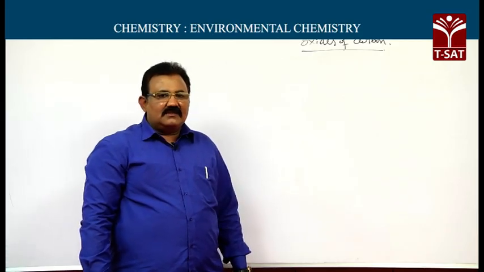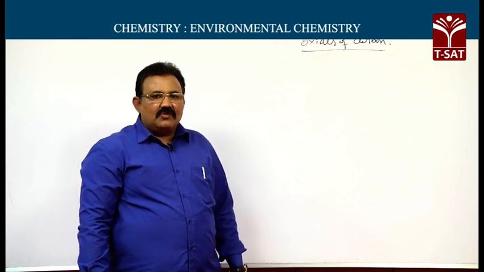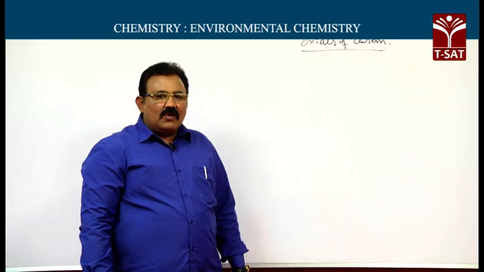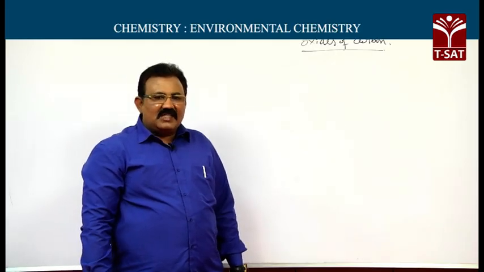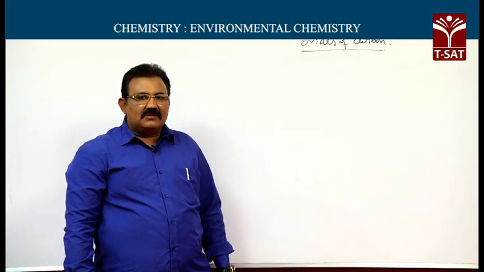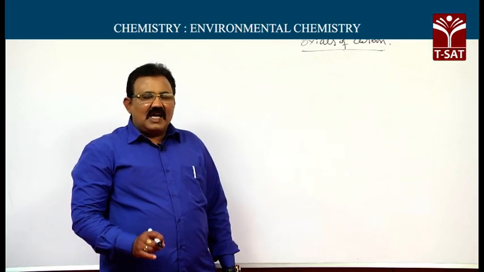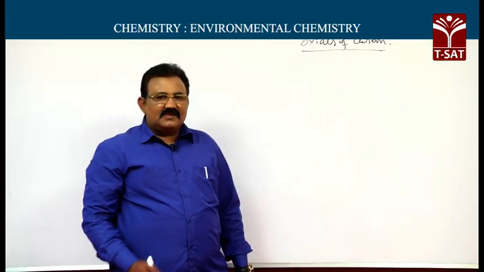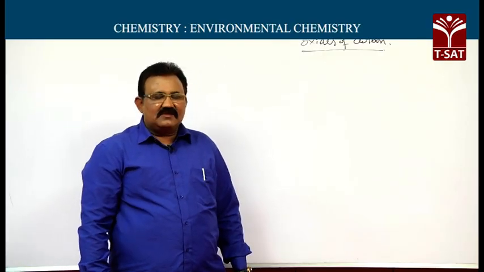Carbon monoxide is also produced due to microbial processes. Carbon monoxide is produced due to partial combustion of carbon or coal. This carbon monoxide is a very dangerous toxic pollutant.